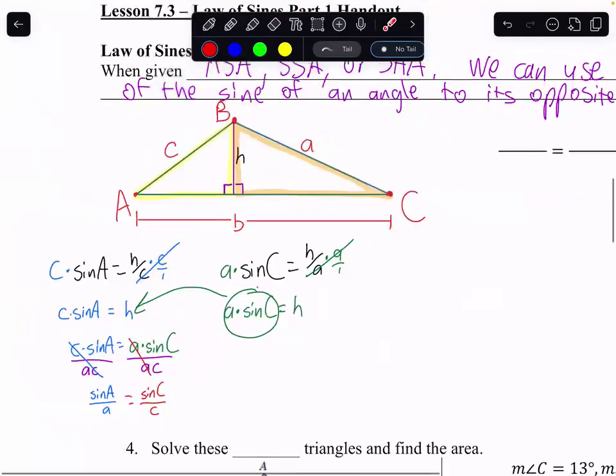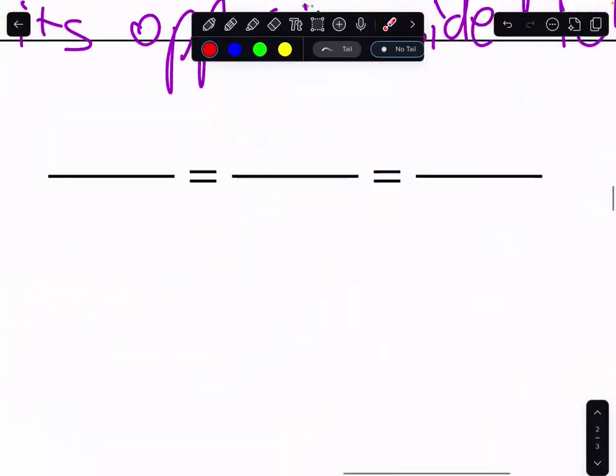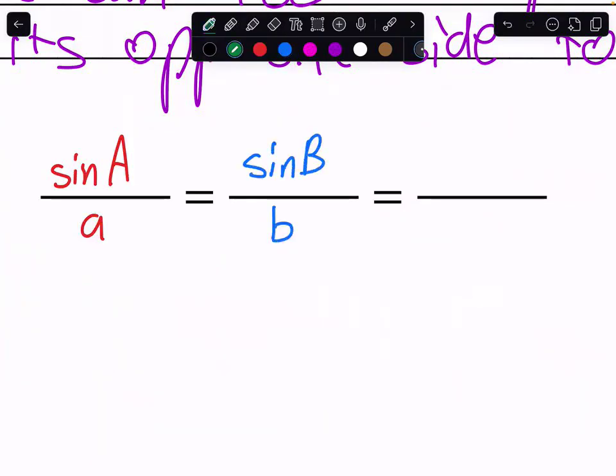Okay, and then if you, instead of drawing the height from B, drew it from C, you could get the b's involved. So let's write the full law of sines over here. Sine of capital A over lowercase a is equal to sine of capital B over lowercase b, which is also equal to sine of capital C over lowercase c.